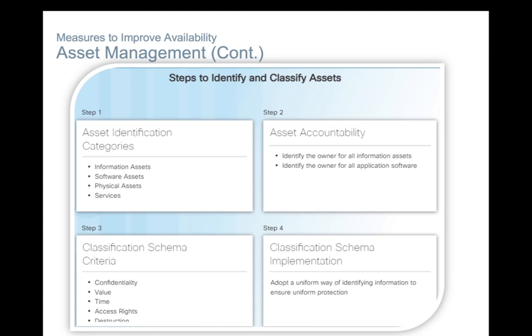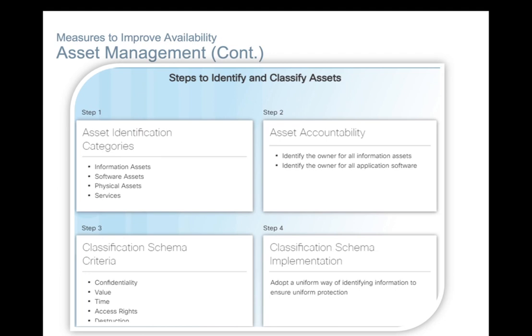Complete these following steps to identify and classify the assets of an organization. One is to determine the proper asset identification category. Second, establish asset accountability by identifying the owner for all information assets and application software.